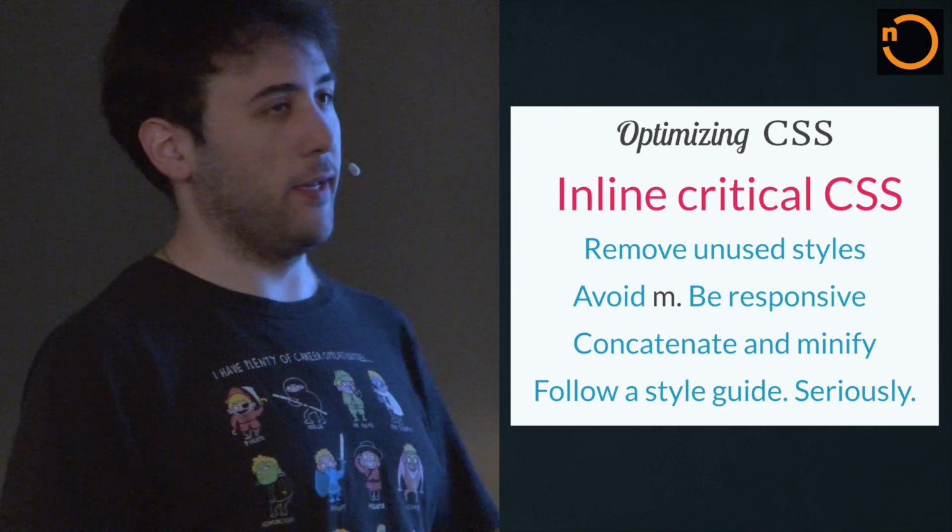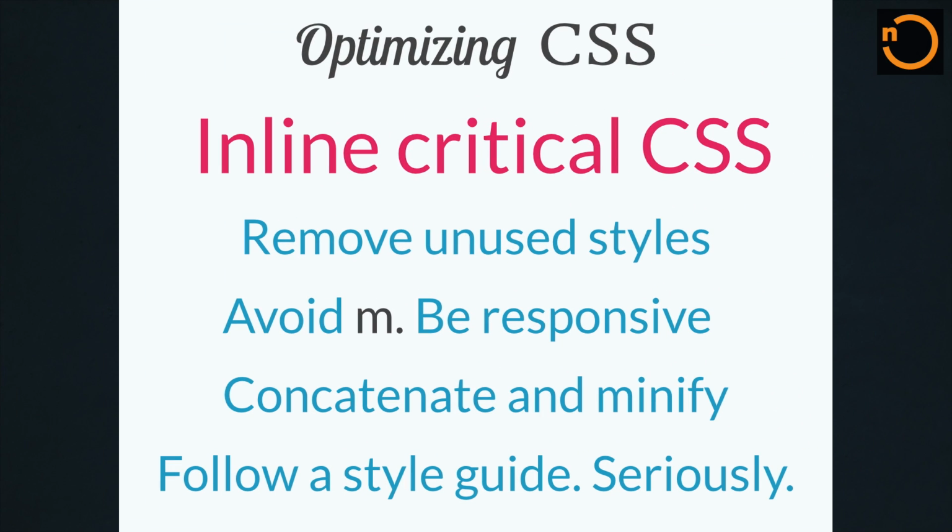When it comes to CSS, the best thing we could do is inlining critical CSS, and this means everything that's seen in that first above the fold. Imagine this is a web page, and everything that's below the curtain is below the fold. So the critical CSS would be every single rule that's needed to have the site be rendered exactly like this.